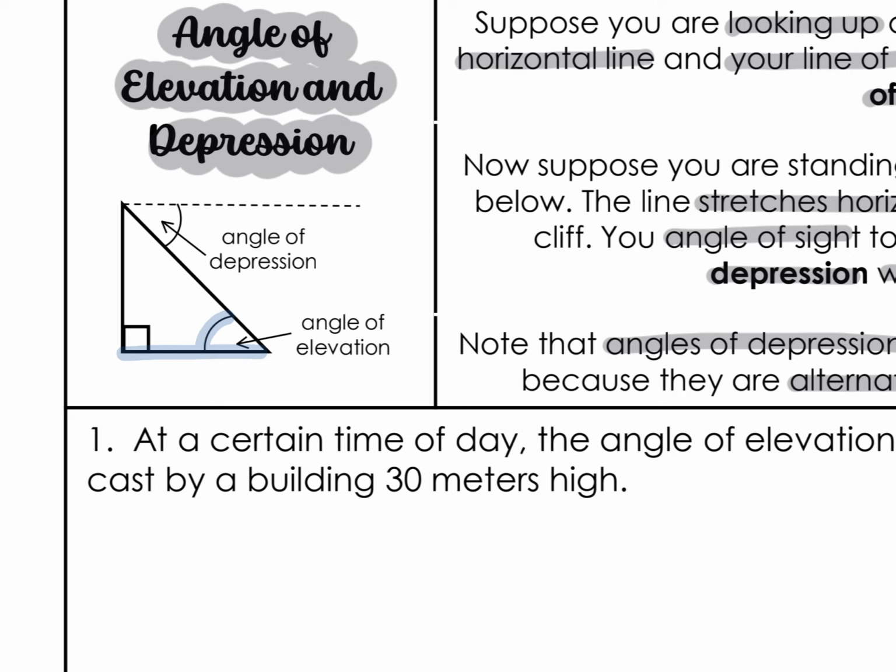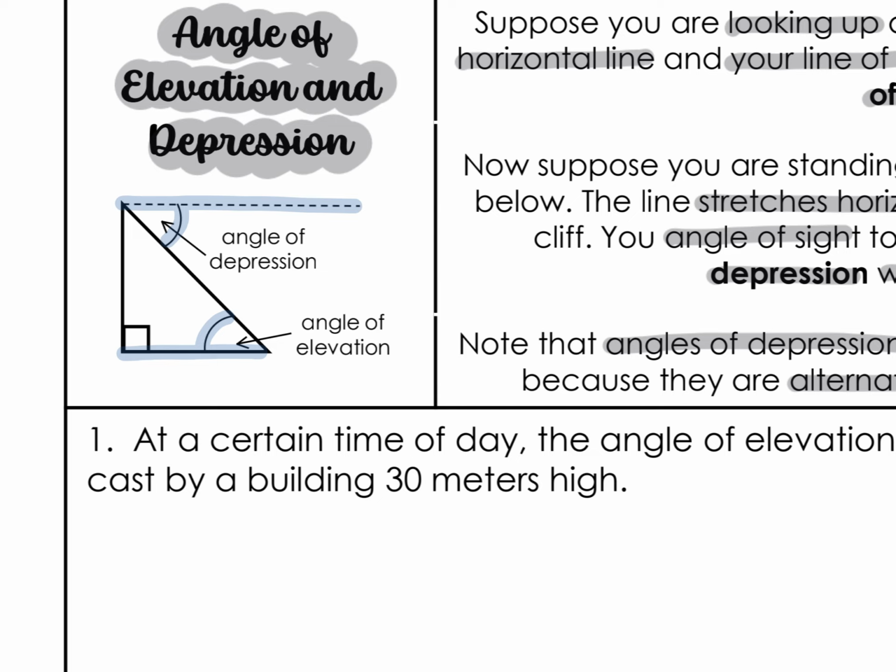With your angle of depression, you start with your horizontal line and then look downward from that. Notice that the angle of depression is going to be outside of the triangle that's being formed. You can draw your own triangle over here if you wanted to from that angle, but you can also just move it into the angle of elevation, which is what I usually do.